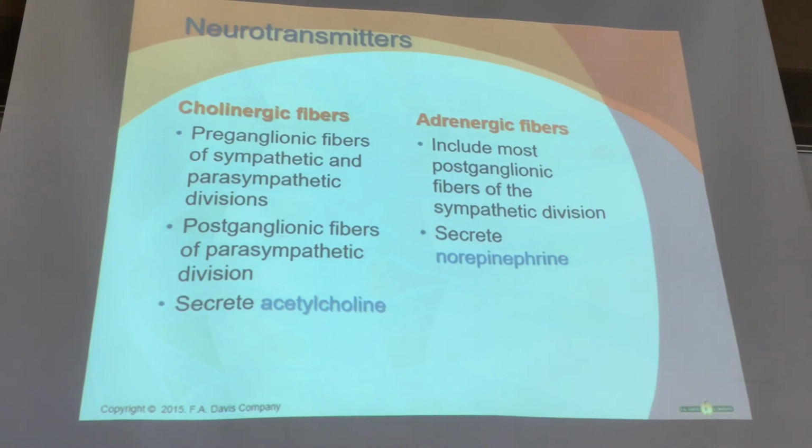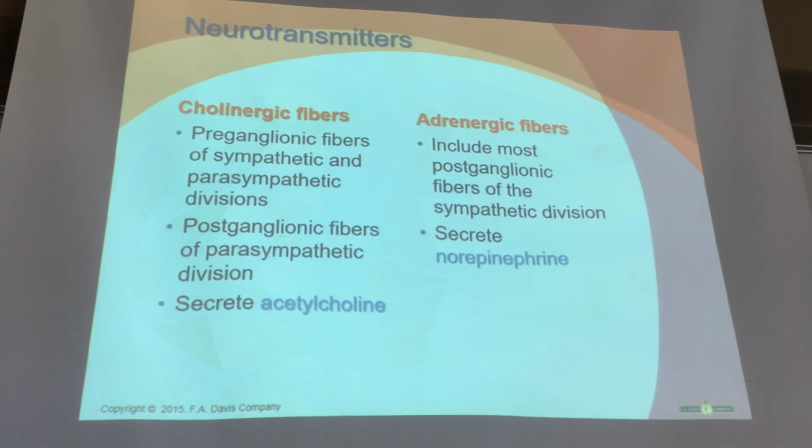The autonomic nervous system uses 2 different types of neurotransmitters. We've talked about them: acetylcholine and norepinephrine. Fibers that secrete acetylcholine are called cholinergic fibers, and fibers that secrete norepinephrine are called adrenergic fibers.